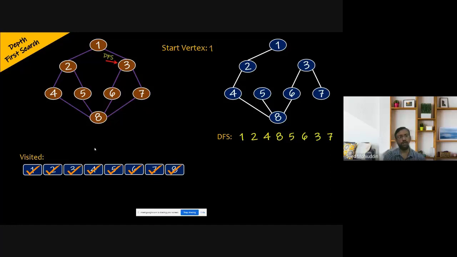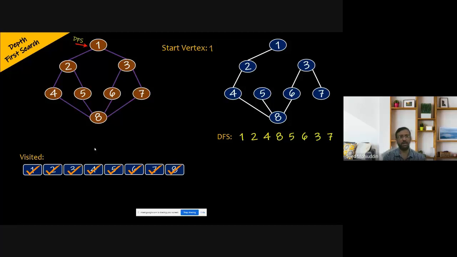We move back to vertex 3. Then, because it's a recursive procedure, we take the same path backwards: vertex 8, then since we came from vertex 4, we move to vertex 4, vertex 2, and finally we reach vertex 1. And you can see all the edges are explored.